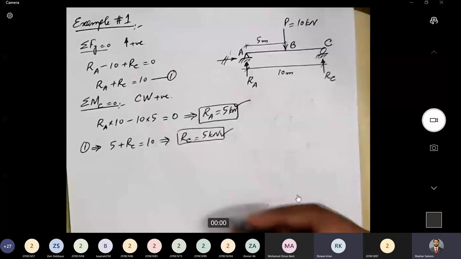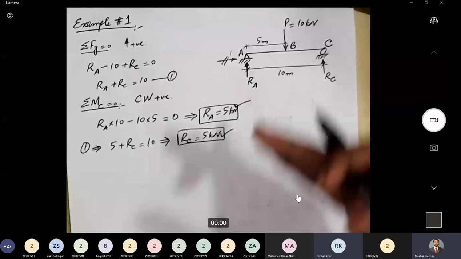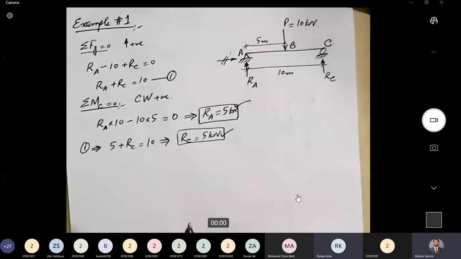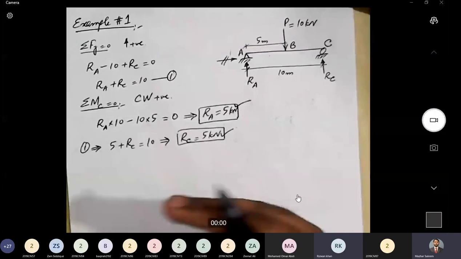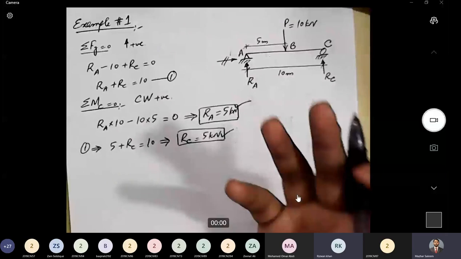Then in future, for the rest of the problem, I'll mark RA in the downward direction and then solve the rest of the problem. In the problems that we will be dealing with in future, we will come across such situations when the assumed directions will be incorrect. Or actually, I can hypothetically create some situation. We can try to do that in the next problem. Okay, we'll see that.